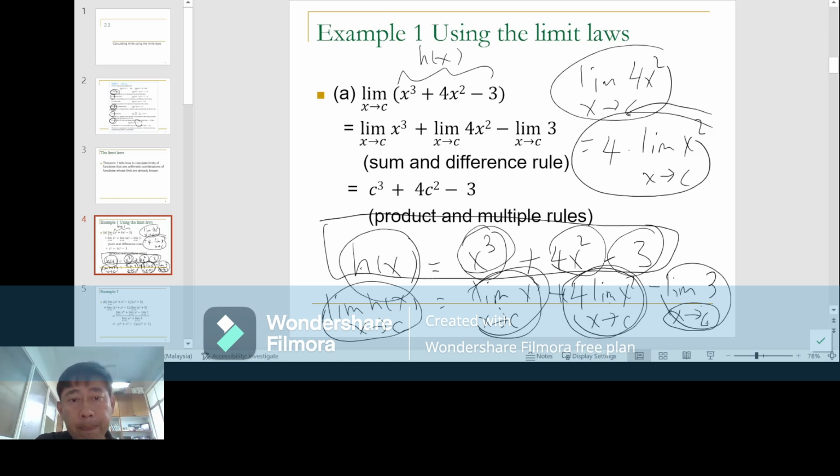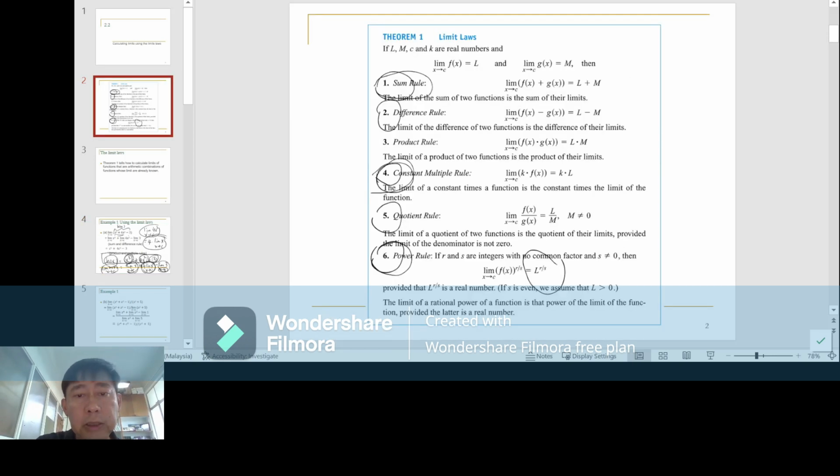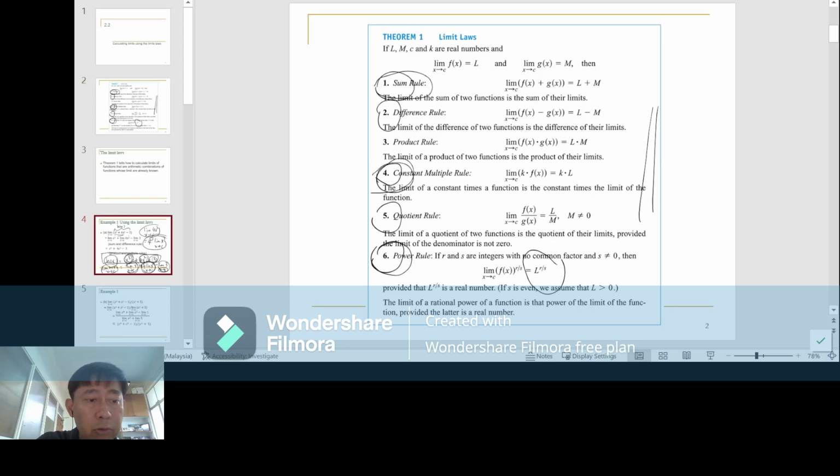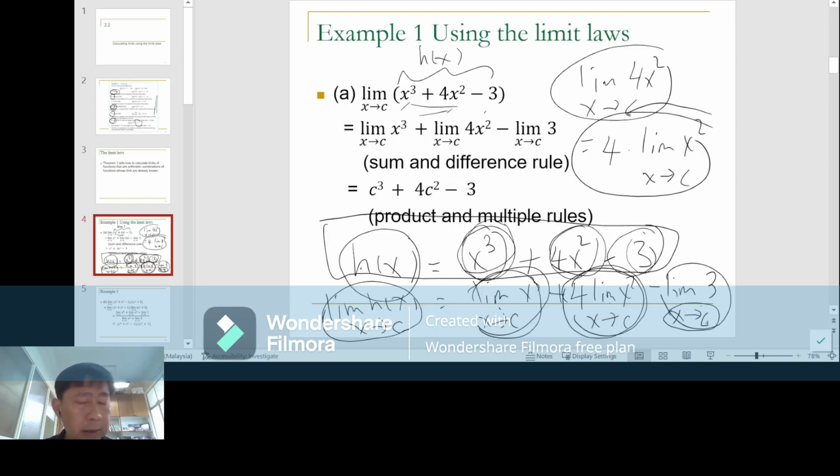So the h function is the sum of 3 terms, and we have evaluated the limit of each of these terms one by one using the rules specified in theorem 1. Now you may find this absolutely straightforward. Why should I spend so much time to express to you that the limit of this function when x tends towards c is just equal to this?